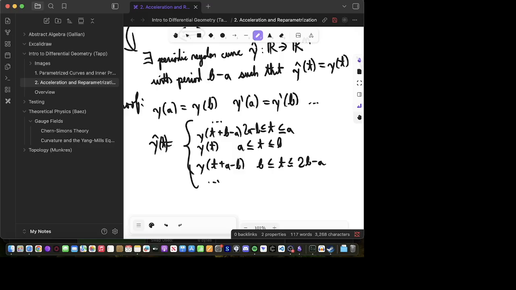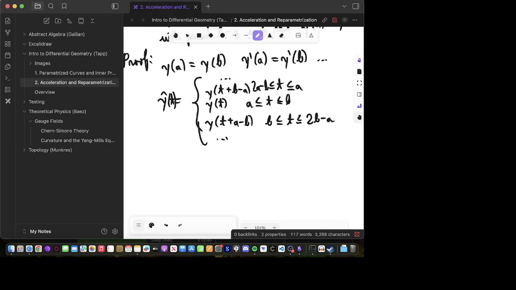So what can we say about this curve? It's like a massive piecewise function, but it's clearly periodic with period B minus A. You know what?